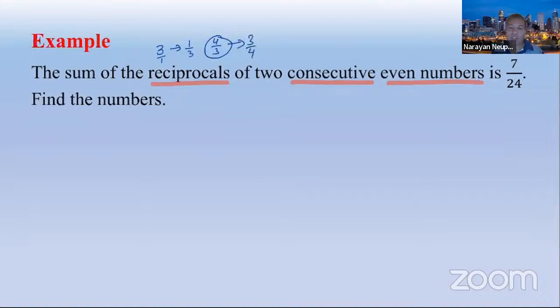So when we say reciprocal, if we flip the numerator and denominator of the fraction, that will produce the reciprocal. That is one important thing to know in this question.